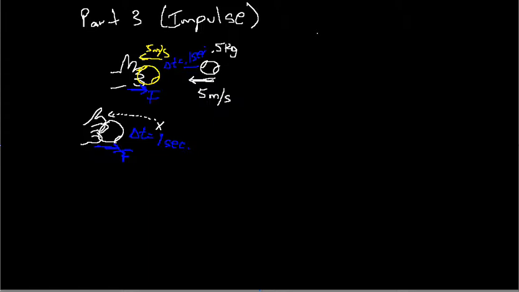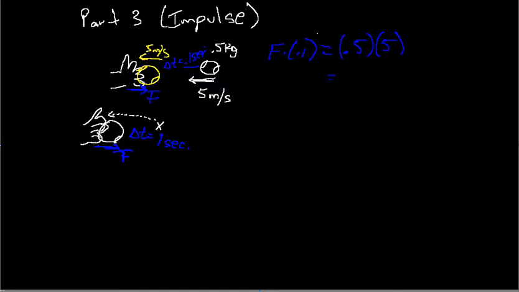So what's going to be that force? Force times 0.1 second is equal to the mass of the ball, which we said was 0.5, times the velocity, which is 5. I'm being sloppy and ignoring signs over here because I'm just interested in magnitudes right now.